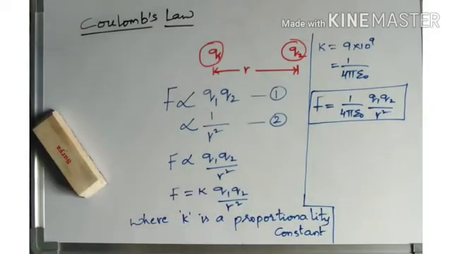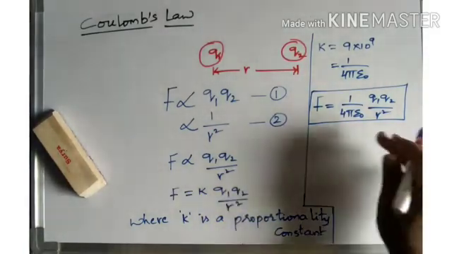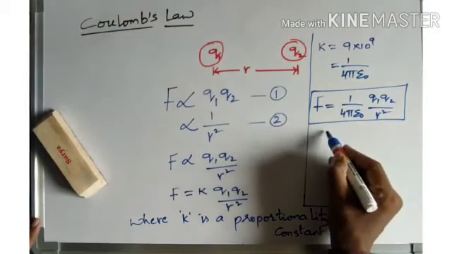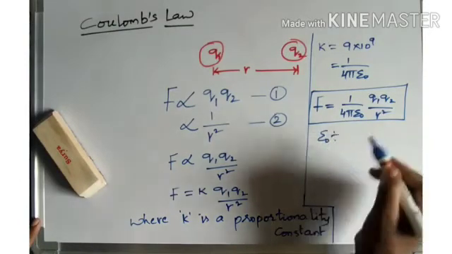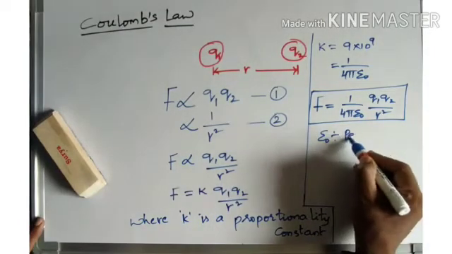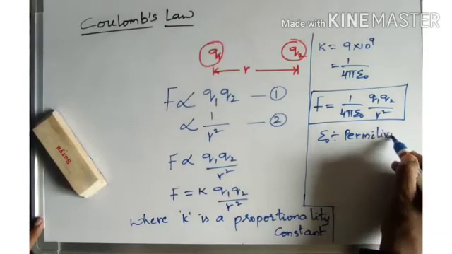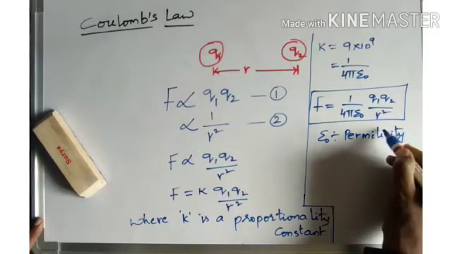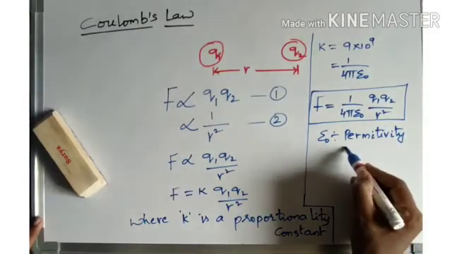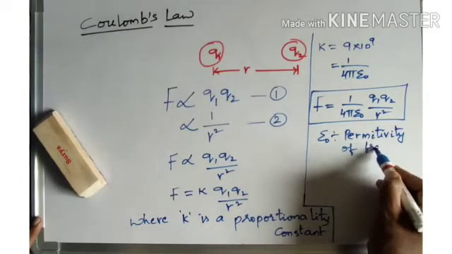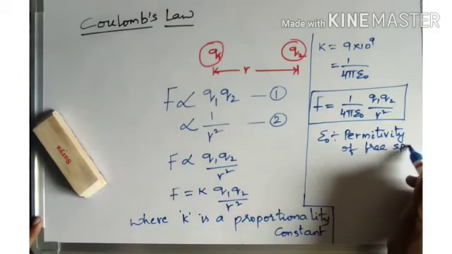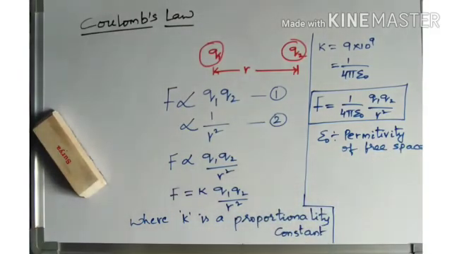Now if you look at the units for epsilon naught, what is this epsilon naught? We'll write it as permittivity of free space, or we'll call it absolute permittivity of free space.